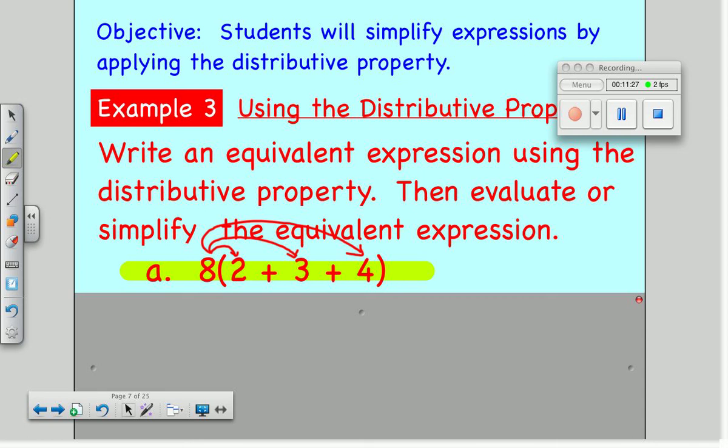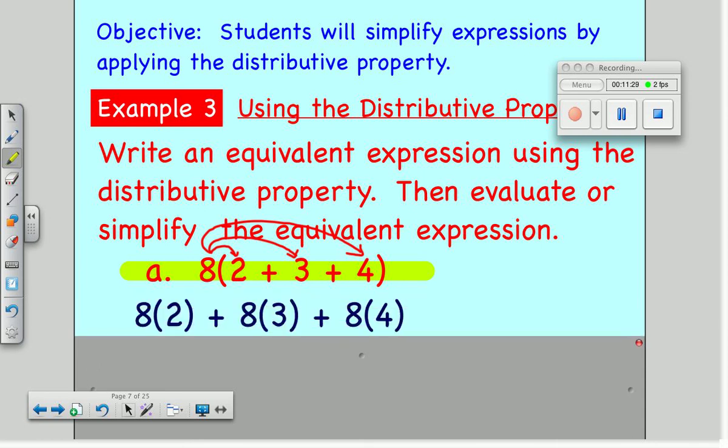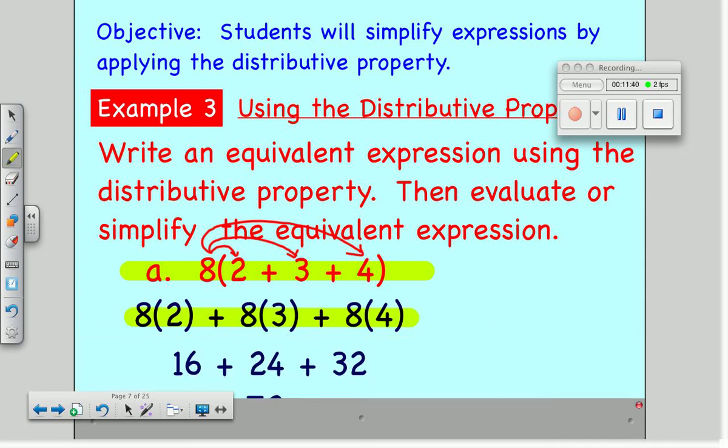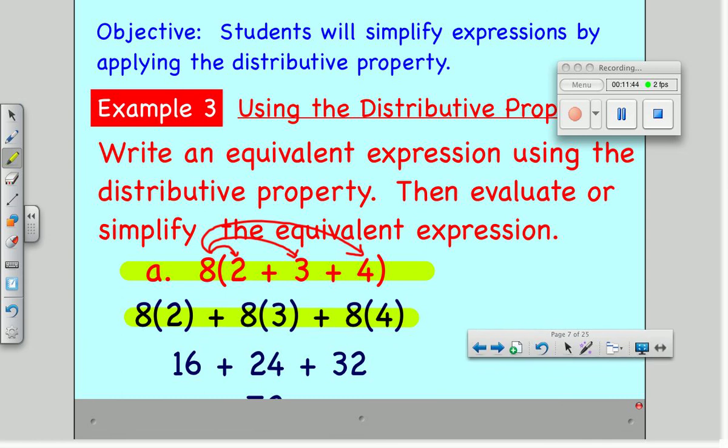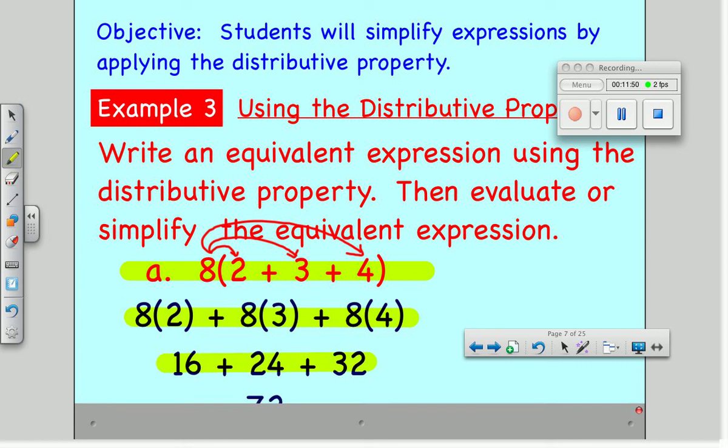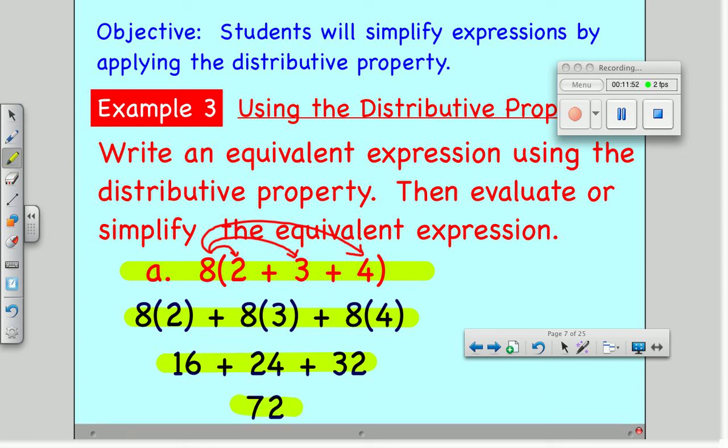So we're going to multiply 8 times 2 plus 8 times 3 plus 8 times 4 all the way across. And now we're going to actually do that multiplication and addition. So 8 times 2 is 16, 8 times 3 is 24, 8 times 4 is 32. And when we add all of these together, we get 72.